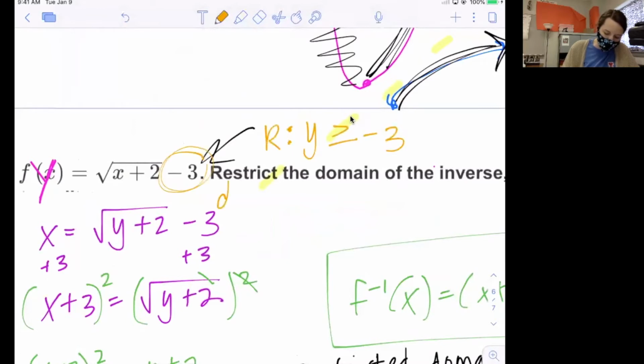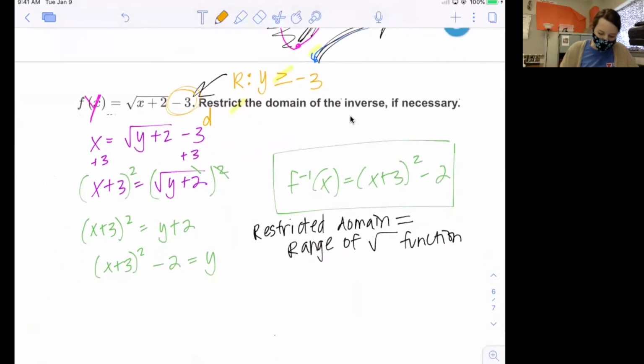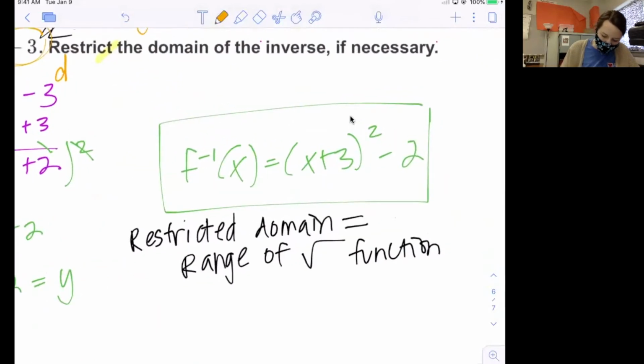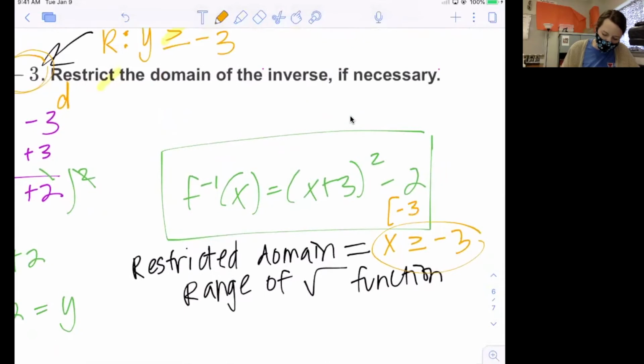It's greater than or equal to our d value because nothing is reflecting this over the x-axis, so it's going to go up and to the right. So our range is y greater than or equal to negative 3, which makes our restricted domain x greater than or equal to negative 3, or from negative 3 to infinity.